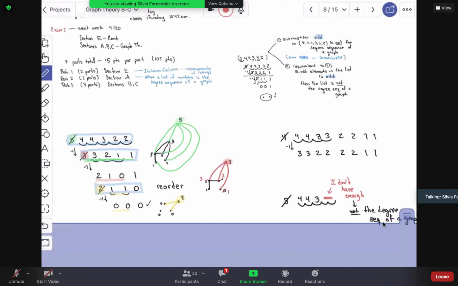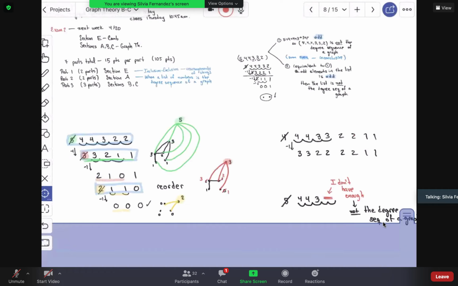So that one requires some argument. So it will be, I guess, closer to something like this where there isn't. And then the other part, I said, use this algorithm, use the degree sequence algorithm to provide a graph with the following degree sequence. So that will be more like this one.